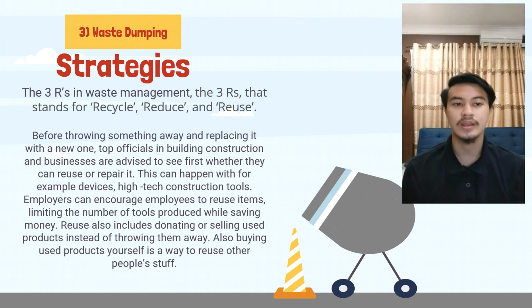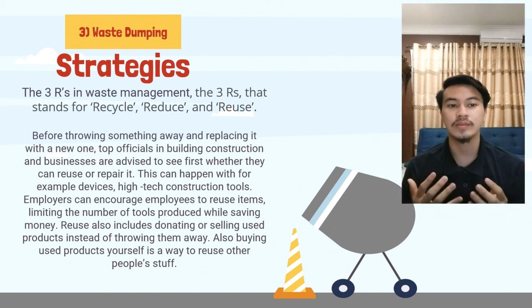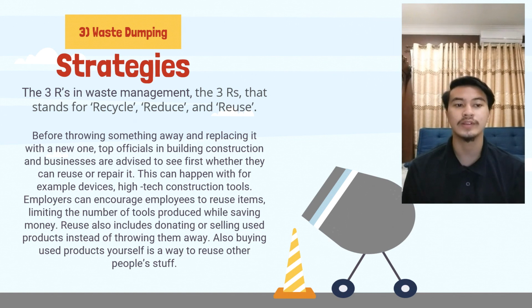Employers can encourage employees to reuse items, limiting the number of tools produced while saving money. Reuse also includes donating or selling used products instead of throwing them away. Also, buying used products yourself is a way to reuse other people's stuff.